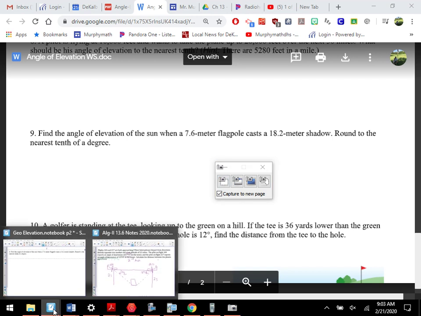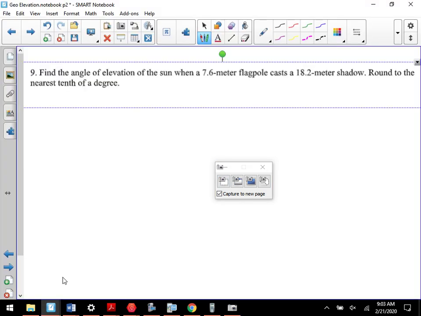Never a dull moment. Anyway, so here, basically you're drawing a flagpole. Flagpole comes from the ground. Where's the sun? In the sky.